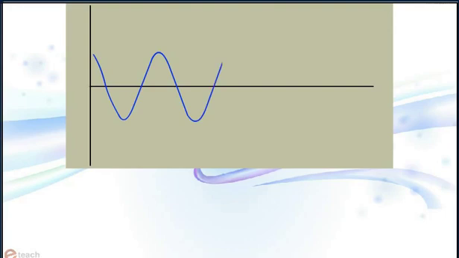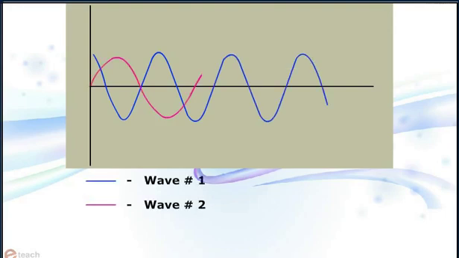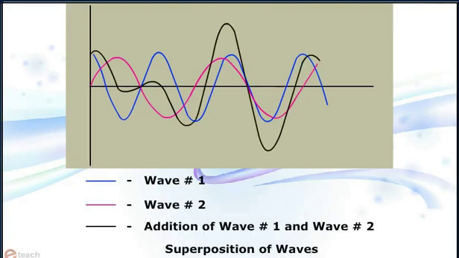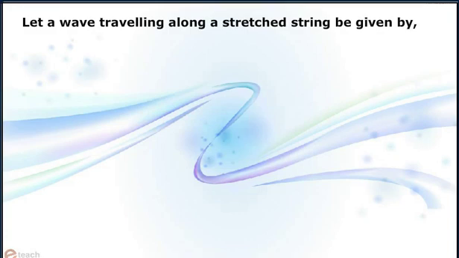In this animation, the blue line represents wave 1, the pink line wave 2, and the black line is the addition of wave 1 and wave 2.